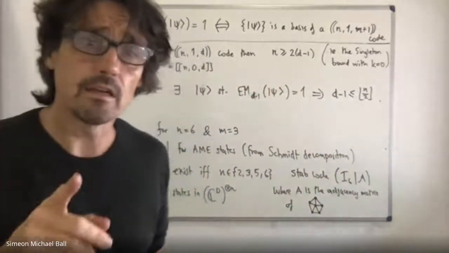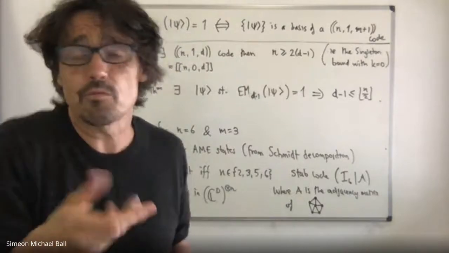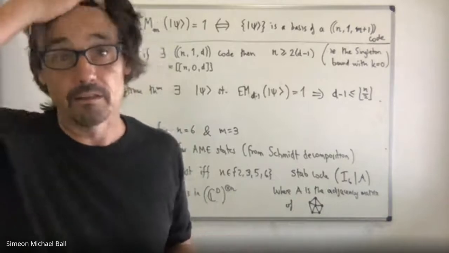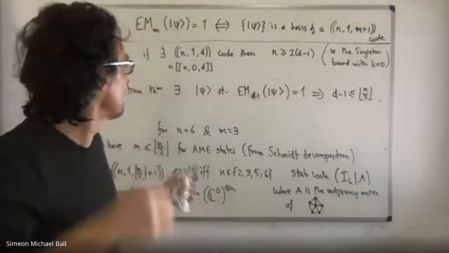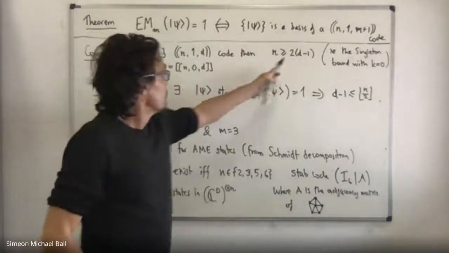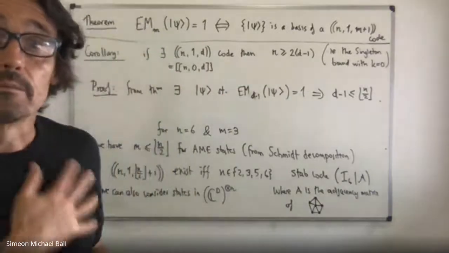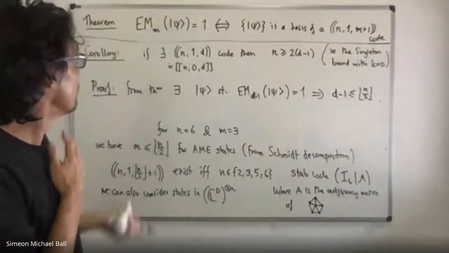Firstly, and this is what Felix said, he said, well, for K equals 0, it comes from the Schmidt decomposition. Yeah, probably. So you should be able to prove this singleton bound directly from the Schmidt decomposition, because that's basically all we've used to prove this theorem.